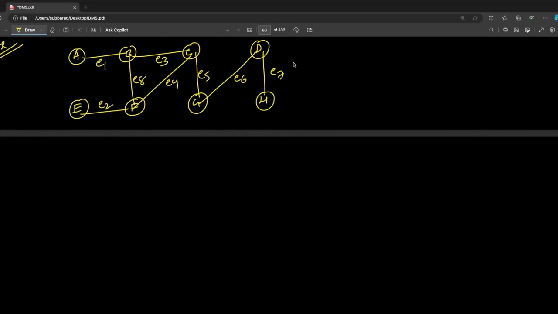In this diagram, find out yourself: how many cut vertices are there?